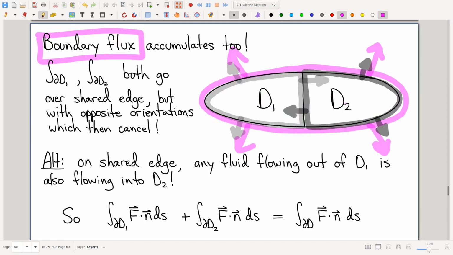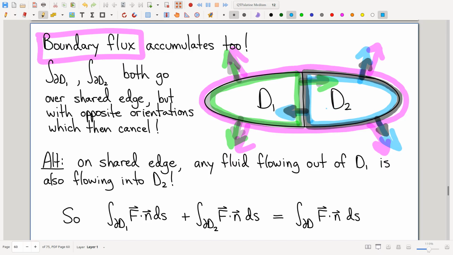Now let's look at the parts. For this left part, here's the outward oriented boundary flux on the left part. We'll look at the right part. Here's the outward oriented boundary flux on the right part.